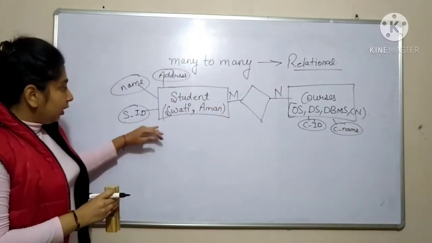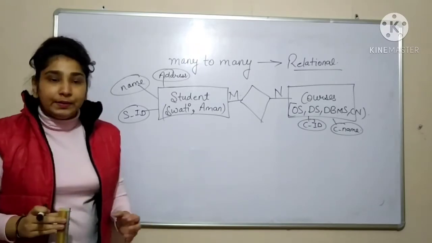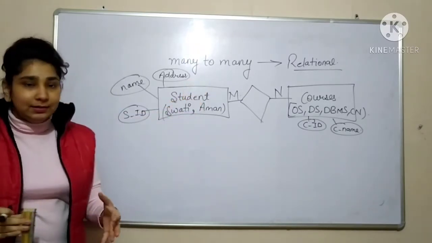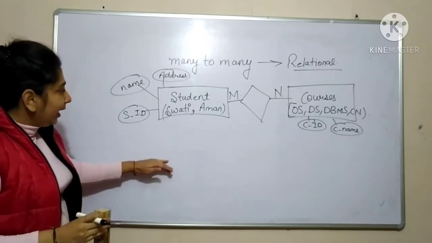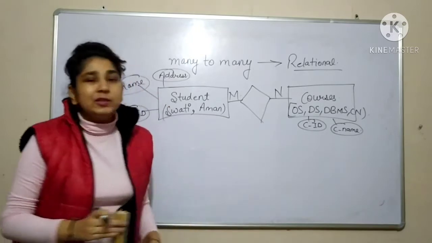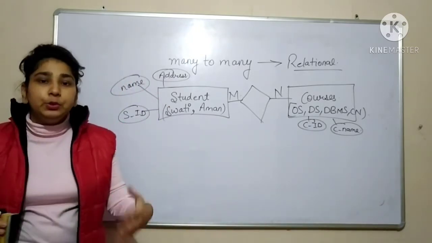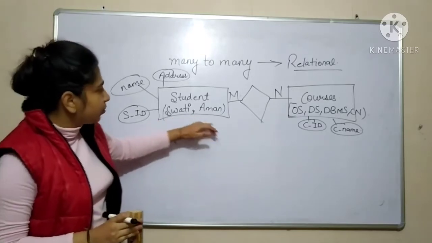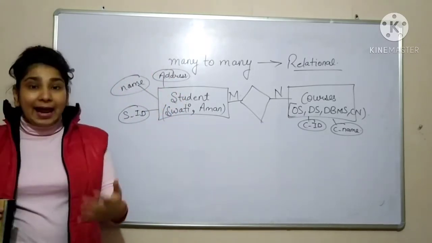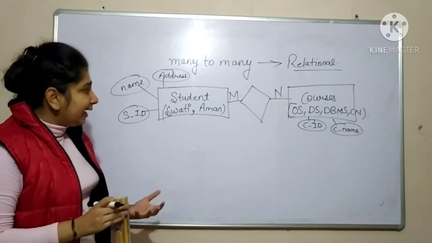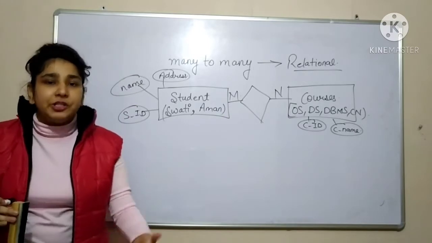Now I will be converting this ER model into the relational model. I have two entities present, so definitely we would be having two tables corresponding to the two entities. And I already told you that we can also make a table for the relationship.